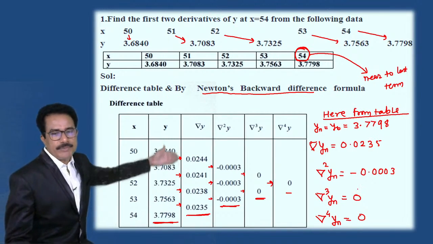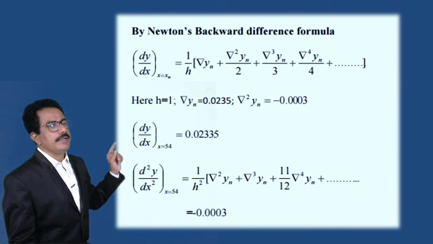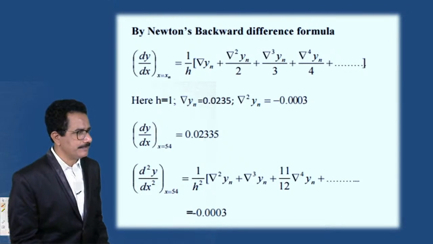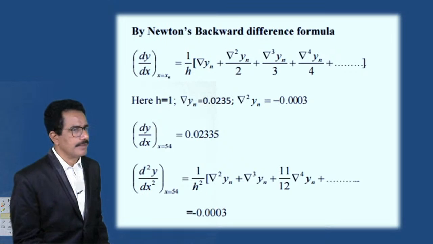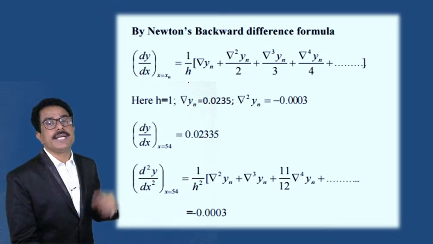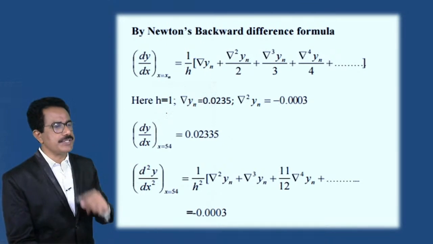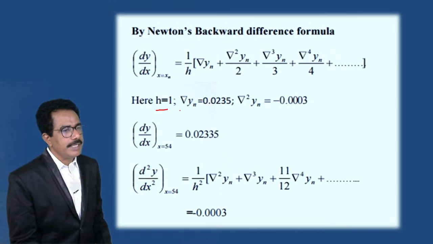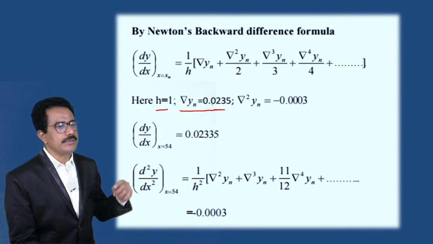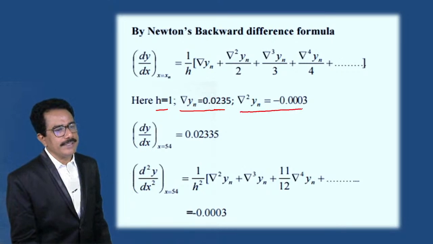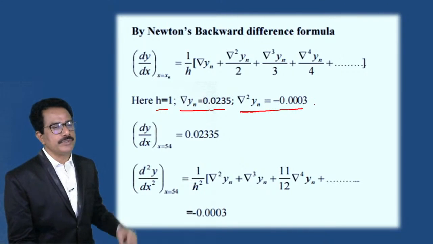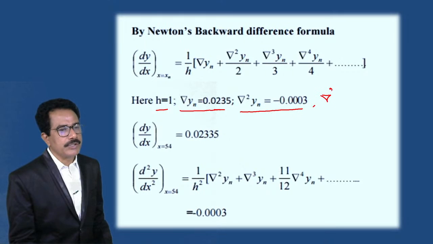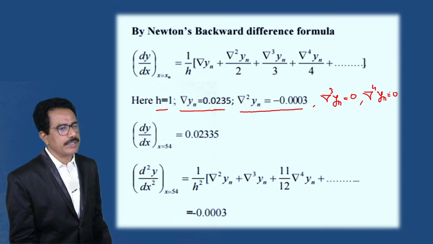Put these values in the equation. Here h means the interval of difference, which is 1. Del yn is 0.0235, del square yn is minus 0.003, del cube yn is 0, and del 4 yn is 0.